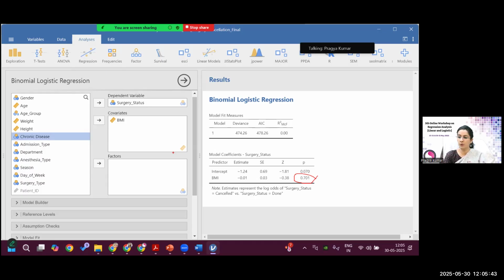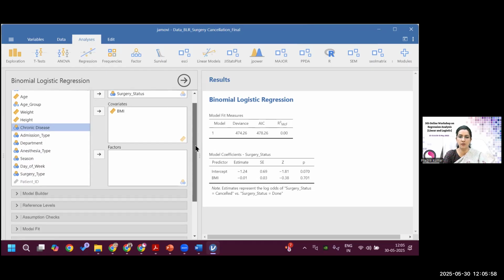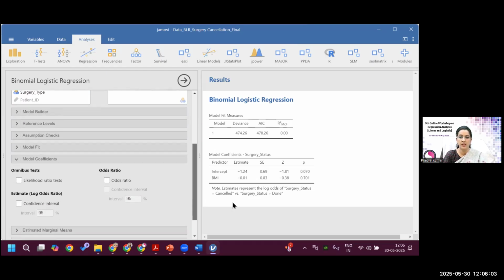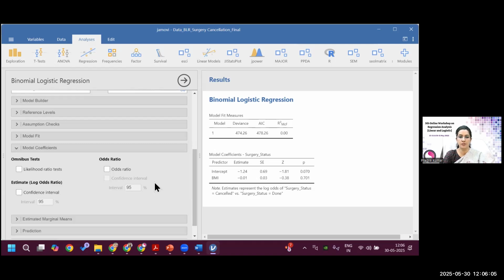Okay, but I'm noting this down, or you may duplicate it, because later I need these odds ratio values. I'll tell you how to do that. In the table you will see that we have to report unadjusted odds and adjusted odds also. This comes in the model coefficient. Till now this table is not giving us the odds ratio, so you click here on odds ratio, and then you can see the odds ratio of this particular BMI is 0.99.